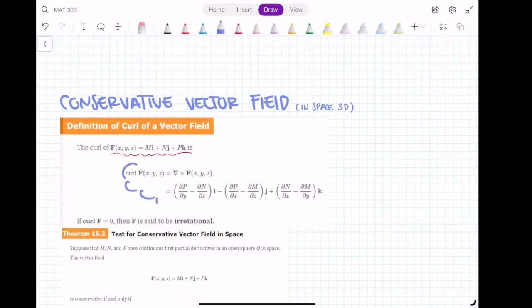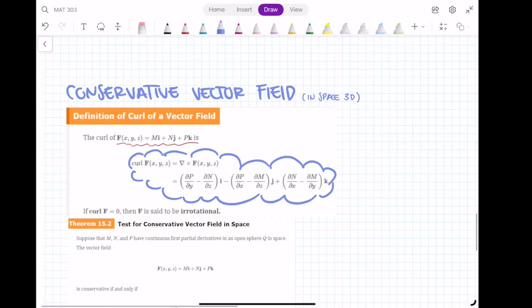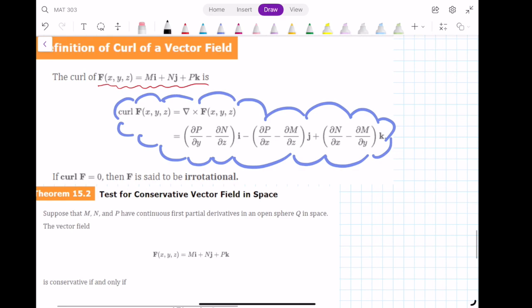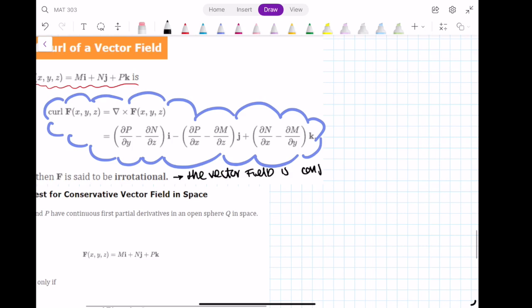How to know if it's a curl, and also we bring this because if the curl of the vector is 0, we can also say that the vector field is conservative, right?